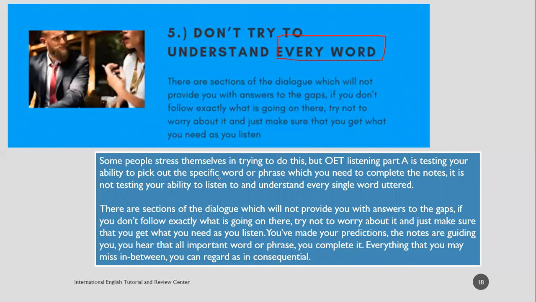Check the word before the gap for part A, and then for part B, highlight the keyword. What is the purpose of that particular extract? And then in part C, you have to listen carefully. What is the speaker trying to say? Is it talking about the first time that he or she met the patient? And then what has he discovered?